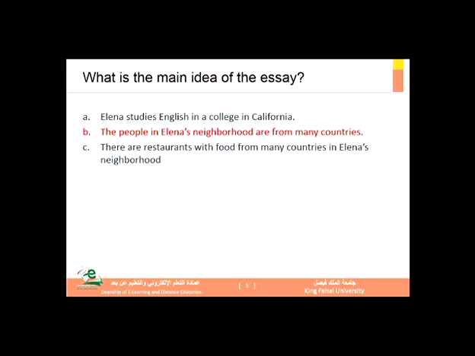Well, all those facts are mentioned in the article, but the central idea of this article is that the people in Elena's neighborhood are from many different countries, from more than 1 country. So the correct answer for the question, what is the main idea of the article, is the second choice.